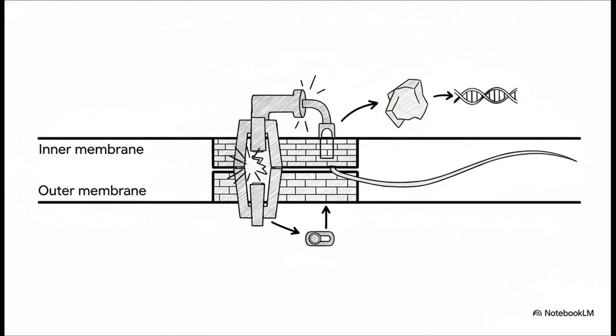What's even more amazing is how modular it is. The whole machine is powered by a protein called VirB11. And depending on what VirB11 decides to interact with, VirB4 or VirD4, the whole machine can switch its function. It can go from building a pilus to actively translocating a substrate. That is molecular multitasking at its absolute best.